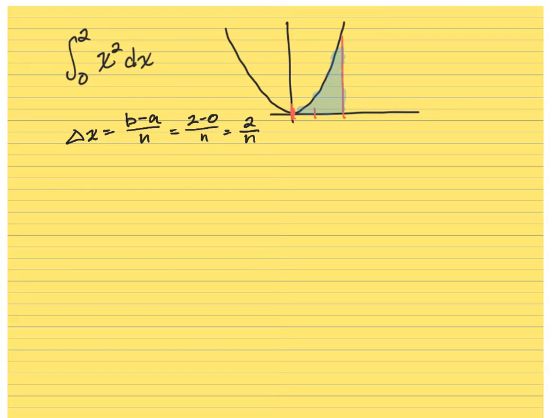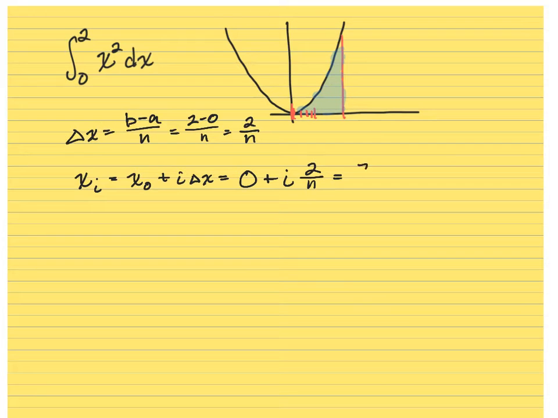Now we're going to use the right endpoint rule because that's the easiest notationally. What that means is when we calculate the various values for the right endpoints, we're going to use this formula right here. The x sub i, the right endpoint of the ith rectangle, is equal to x sub 0 plus i times delta x. x sub 0 in our case is 0, so we're starting at 0 plus i times delta x.